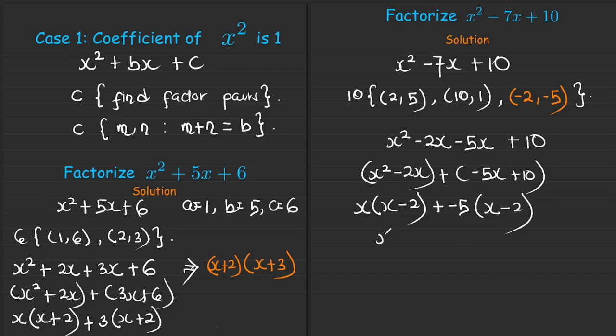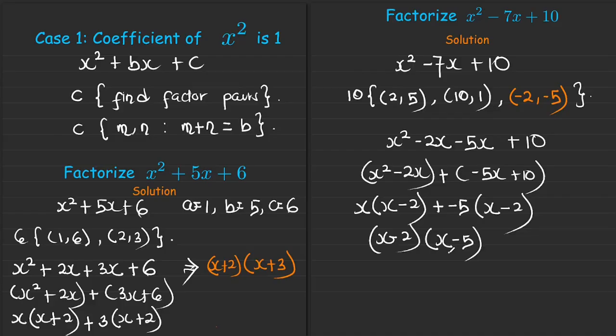Hence, we write them out, which is x minus 2. And then we pick out the coefficient here, bring it out here, x. Then this is positive and negative. We know when there's positive and negative, the negative always prevails. So minus 5. And that will be your simplification or your factorization.